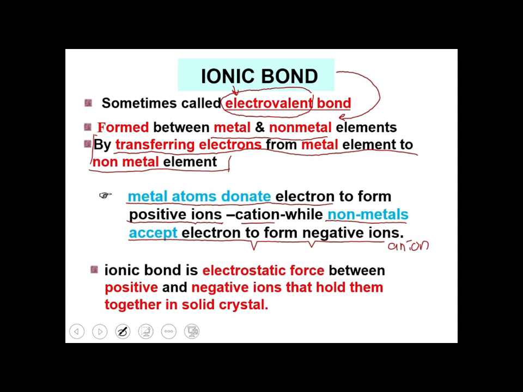What is ionic bond? Ionic bond is when the positive charge ion and negative charge ion attract together, or you can simply say ionic bond is the electrostatic forces between cation and anion that hold them together in a solid crystal. So that is the definition of ionic bond.